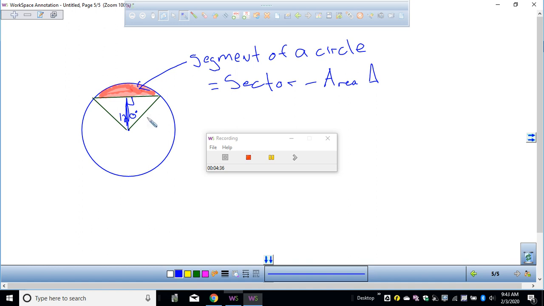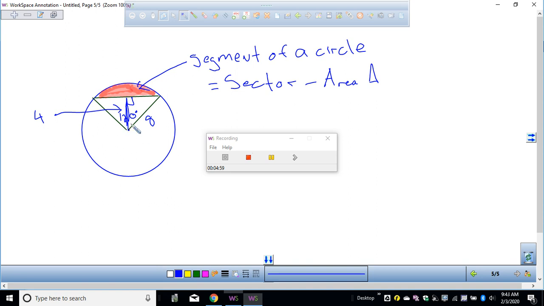Let's say this is 8. This is a 60-30 triangle, so that would end up being 4. You'll learn about this later on. So you would at least have to know those two things.